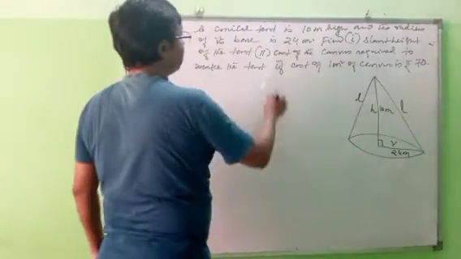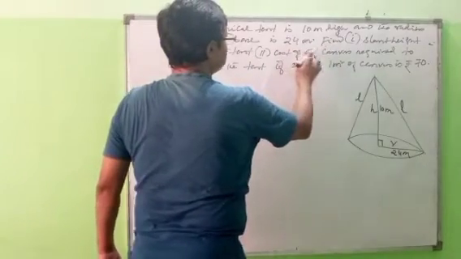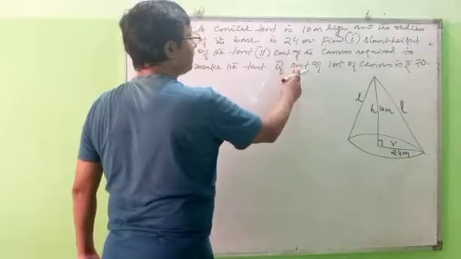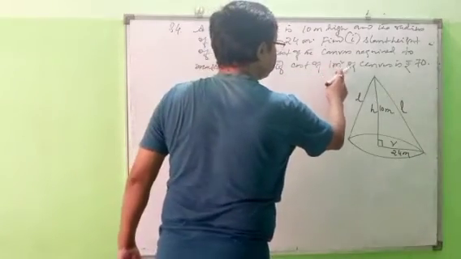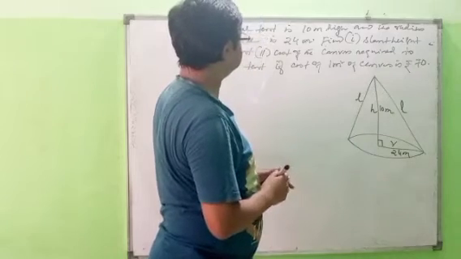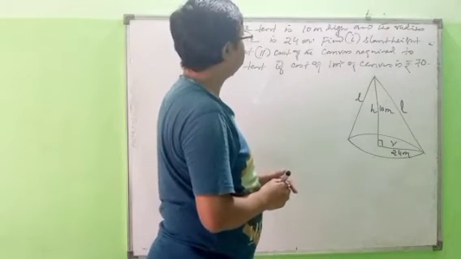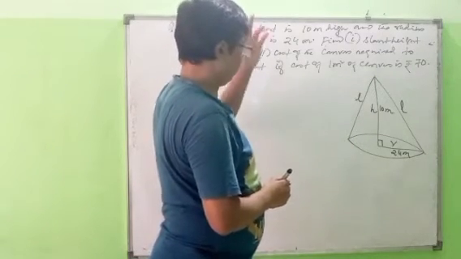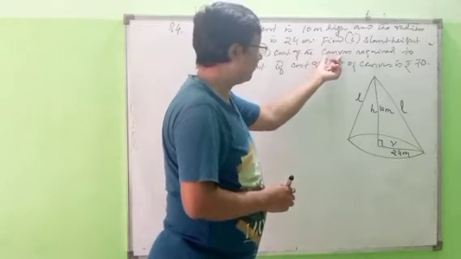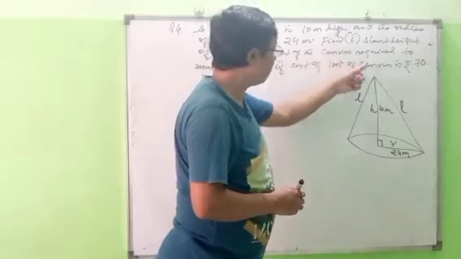Then next part, find the cost of the canvas required to make the tent if the cost of 1 square meter of canvas is rupees 70. Here they have said that you are to find out the amount of money required for the canvas that is used to make the tent.